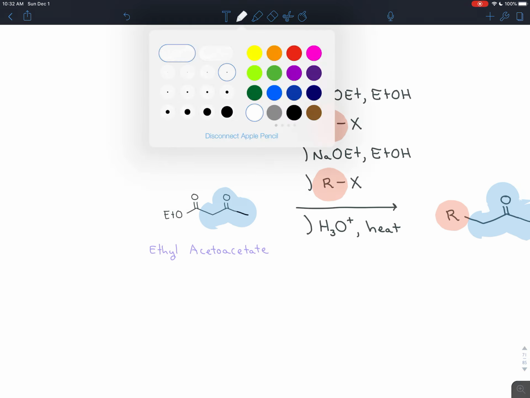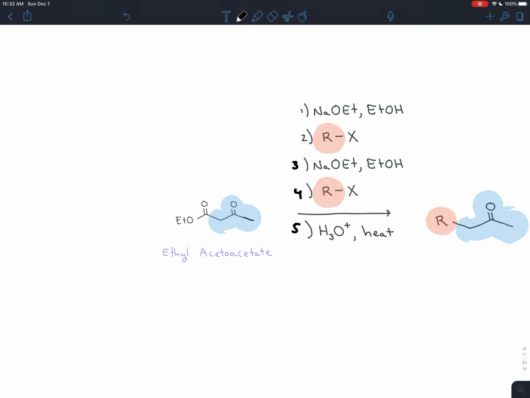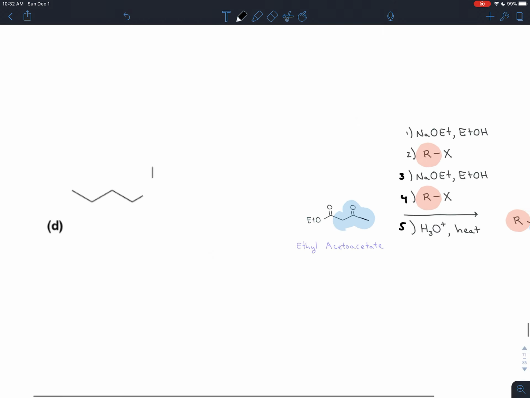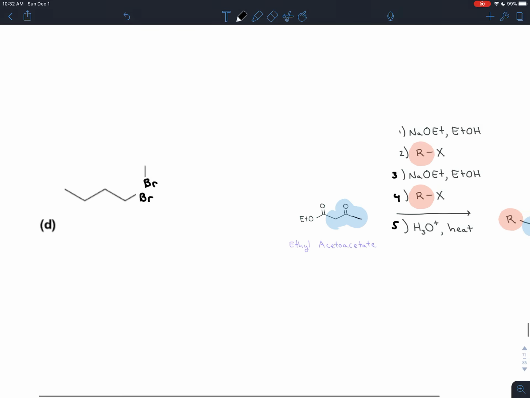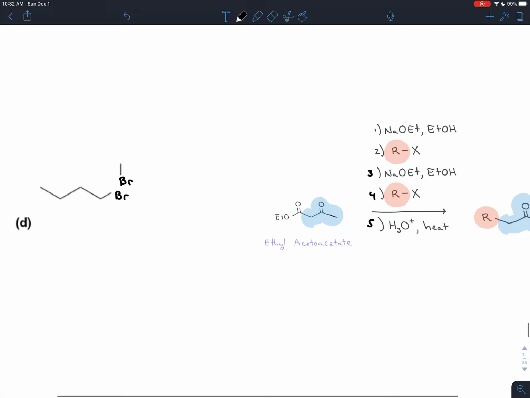1, 2, then 3, 4, and 5. And we'll just put leaving groups onto each of these carbon chains where they connected, and that'll give us our 2 alkyl halides. It doesn't matter which order you put them in, really. In this first one, I'll just use the methyl bromide, or the bromomethane.